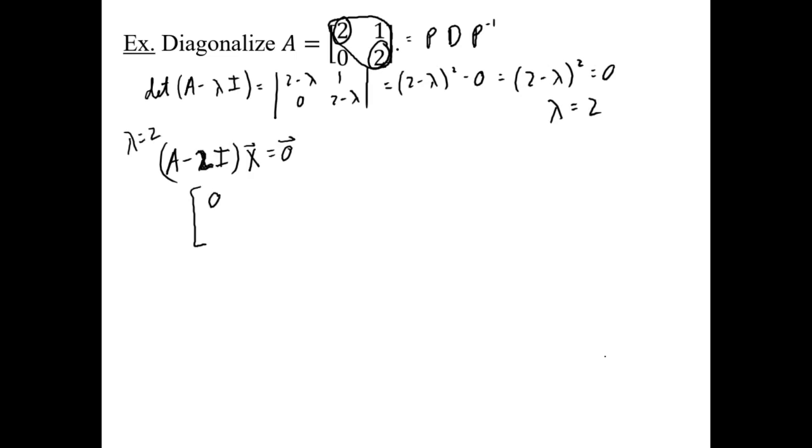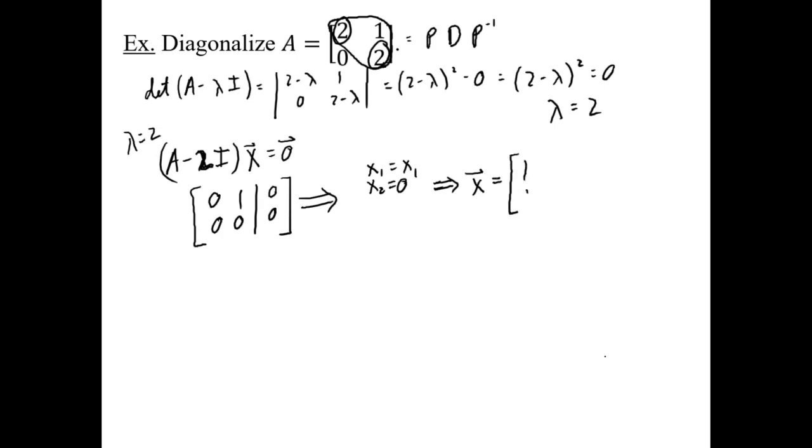So this is 0, 1, 0, 0, augmented with 0, 0. This is a fairly uninteresting system to solve. Basically, this tells me that x2 is 0, and x1 can be anything it wants. And so my solution is equal to the vector 1, 0 times x1.